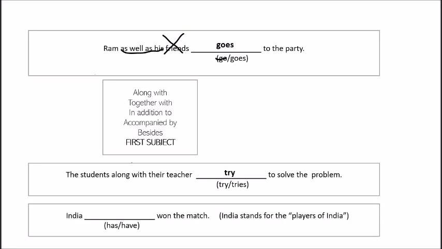Next example, India dash won the match. So here, can a country play a match and win the match? No, right? So in this sentence, India represents the players of India, which is plural. So fill the blank with plural. India have won the match.